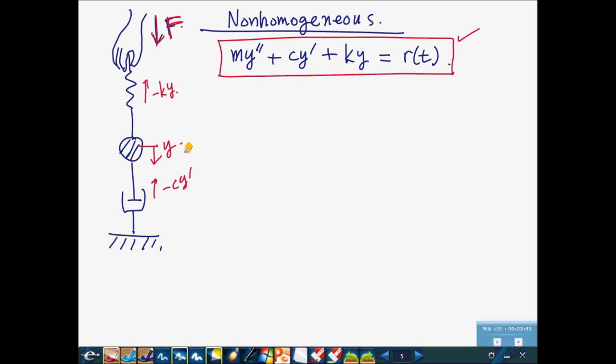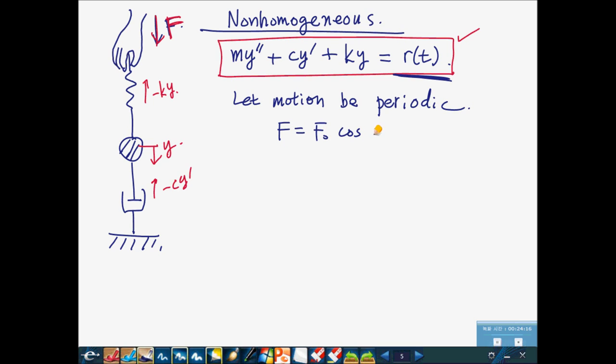So, let me make one more comment, because this is so complicated. If the R is a very complicated function, this one is almost impossible to make an analysis. Very hard to understand what's going on here. So we let the motion be periodic, meaning f is f naught times cosine omega t.